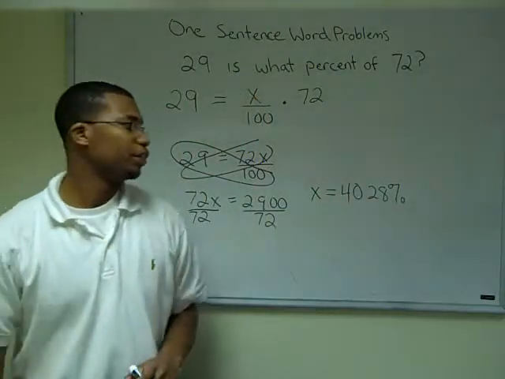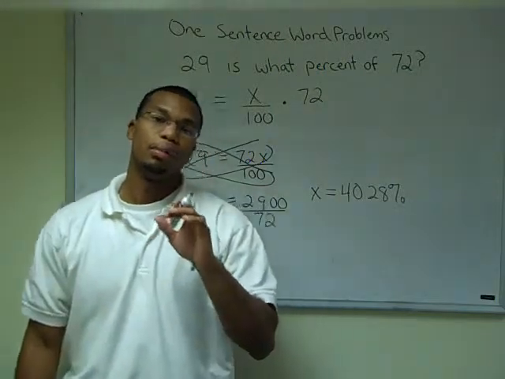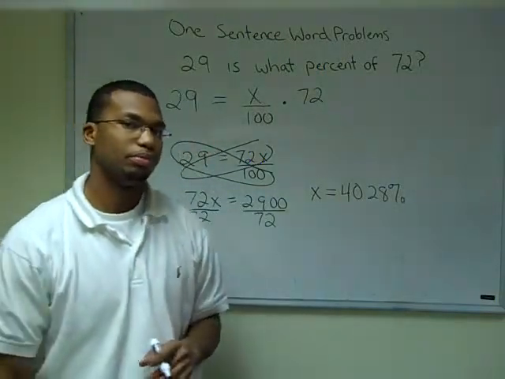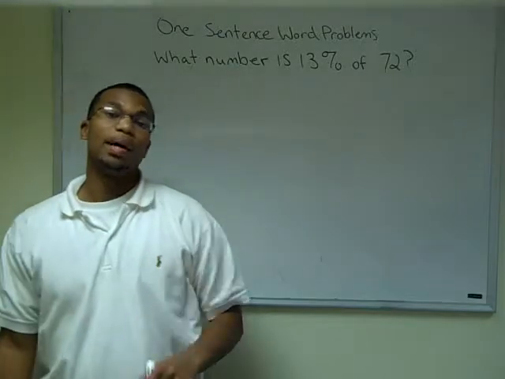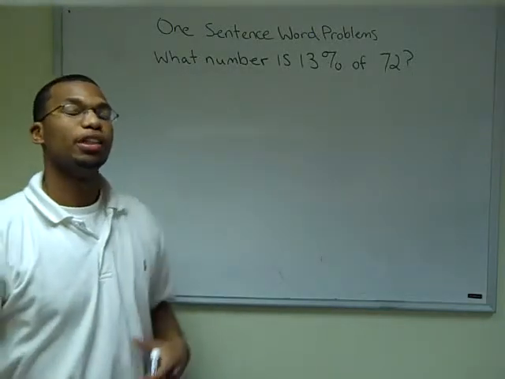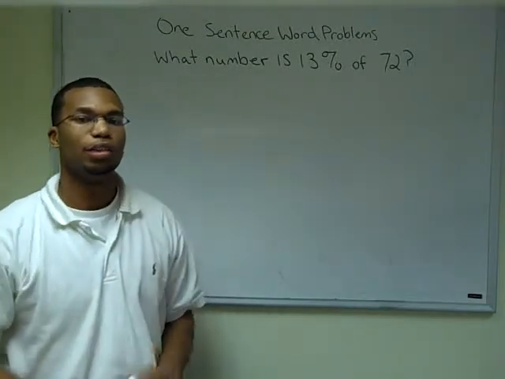So now my answer is 40.28%. In this example, we're going to find what number is 13% of 72.